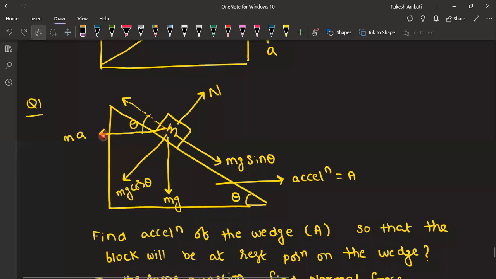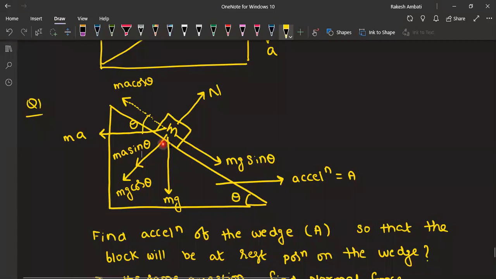So this MA, with angle theta, you resolve into components. Now this component is MA cos theta and this component is MA sin theta. So mg we resolve into components and the pseudo force also we resolve into components.